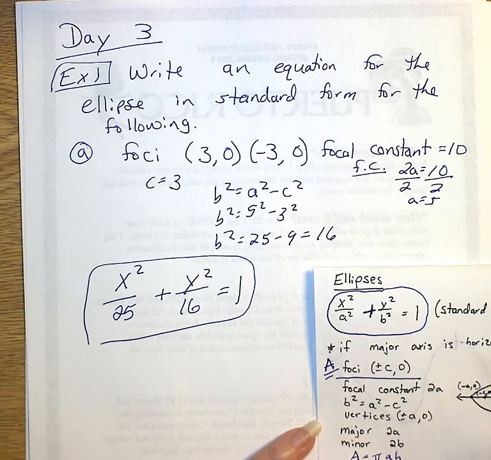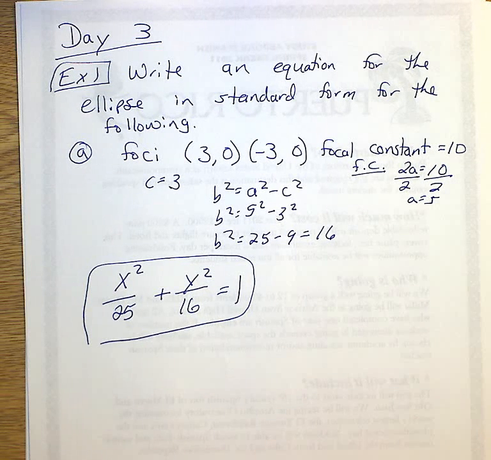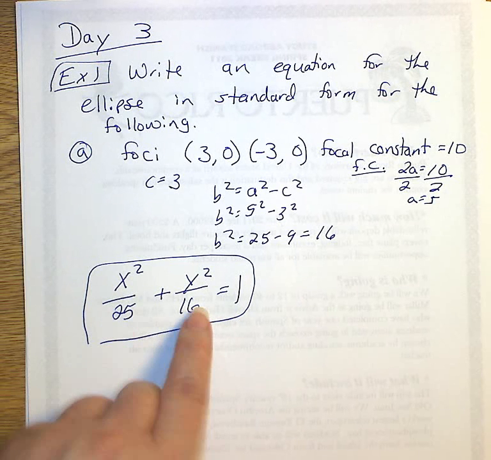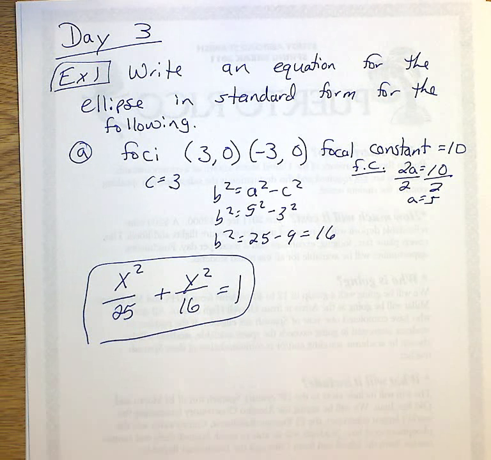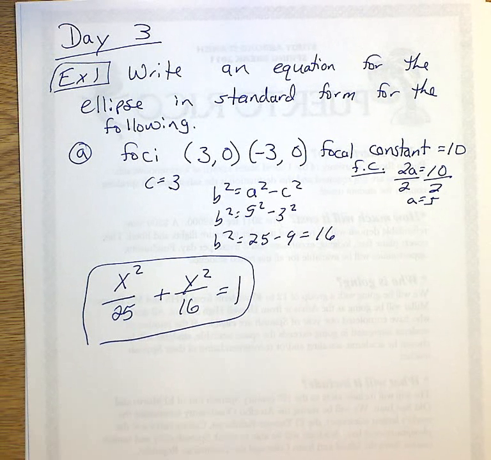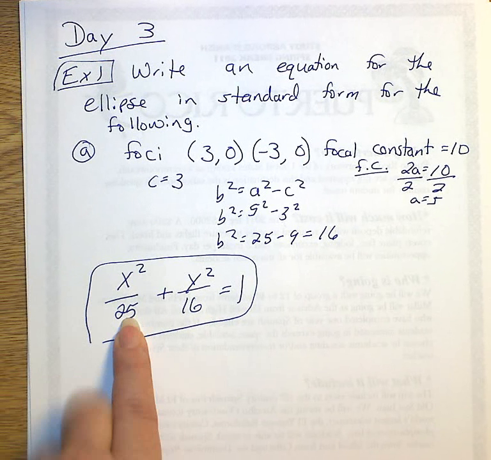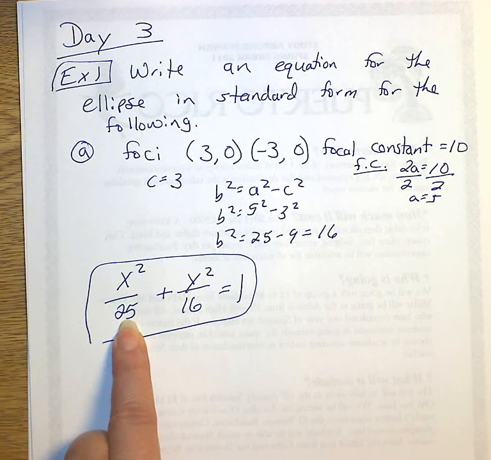That is your equation. If you are given the equation, you can clearly see which axis is the bigger axis. Looking here, what axis is the bigger axis? The x's, because 25 is clearly bigger.